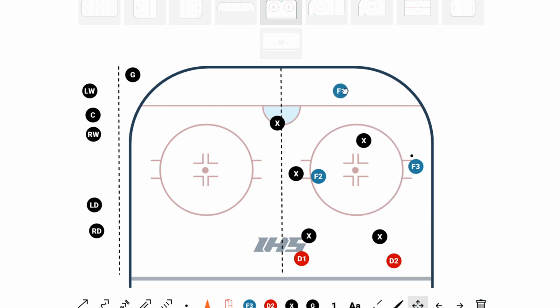You can skate it out, you can do give and goes, but the important thing is you're forcing numbers advantages by placing yourself in front of the defenders and creating short little passing opportunities. So that's something you can think about.